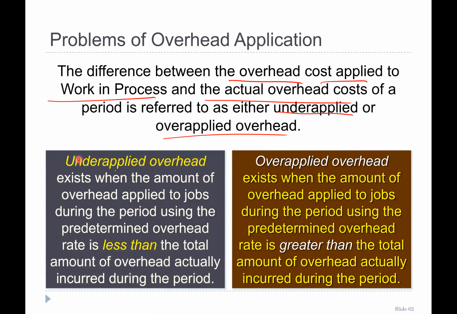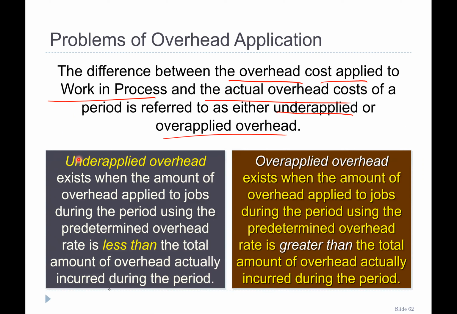So you can write down the definition: when our estimation, or our applied manufacturing overhead, is less than the actual one, we call this under applied, which means we underestimated, right? So the name is called under applied overhead.